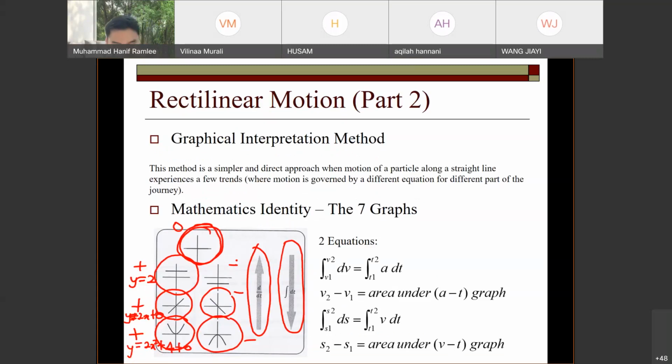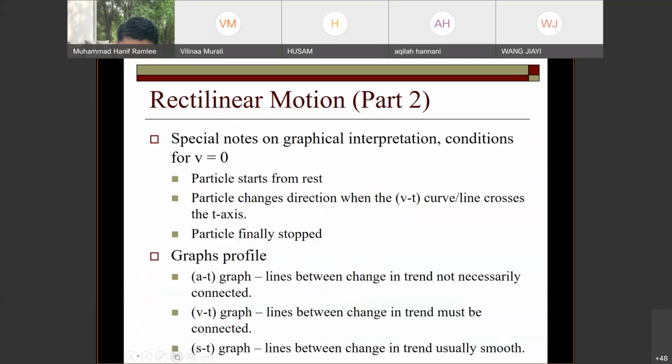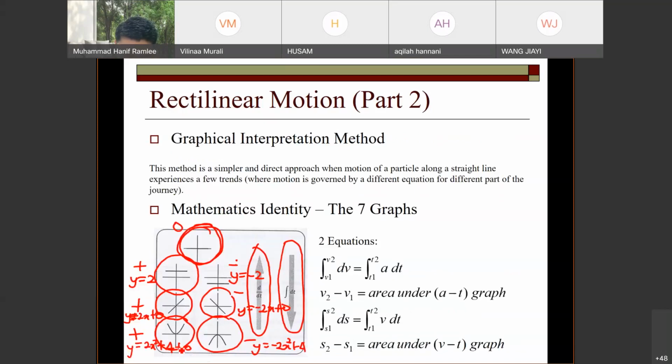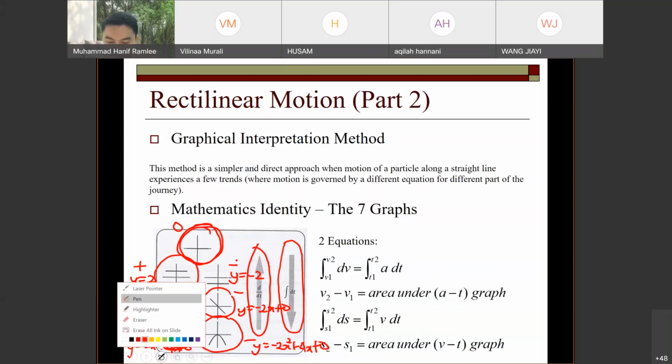So the negative sign would be y equal to negative 2x plus 0, and y equal to negative 2x squared plus 4x. This one should be 4x, for example. So the left part is the positive sign, the right part is the negative sign. Okay, so these are the graphs.